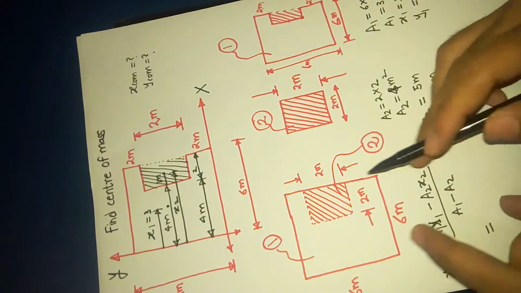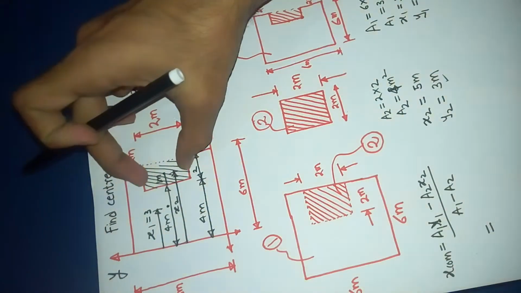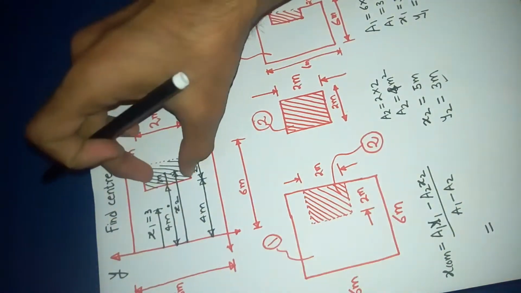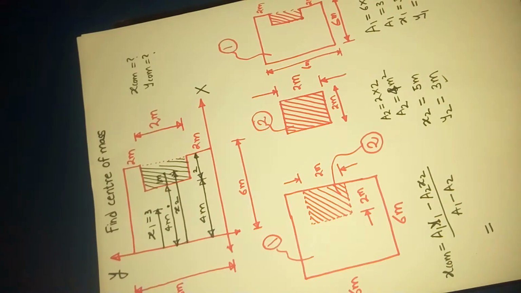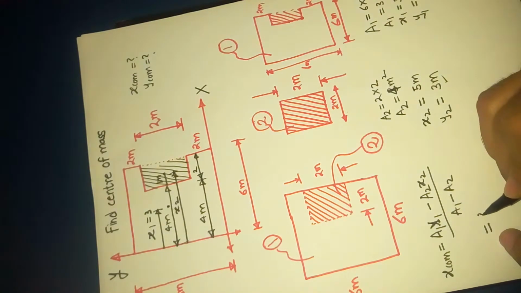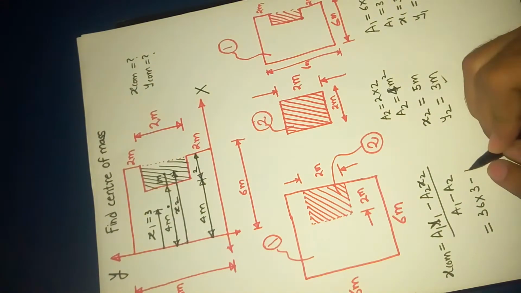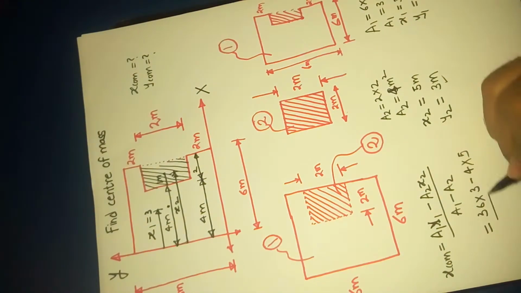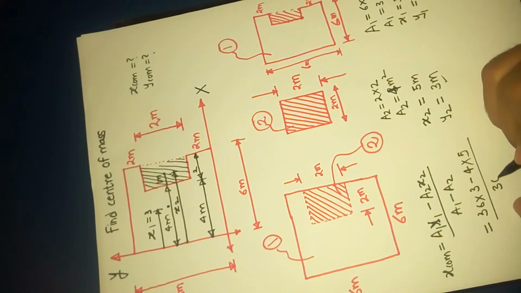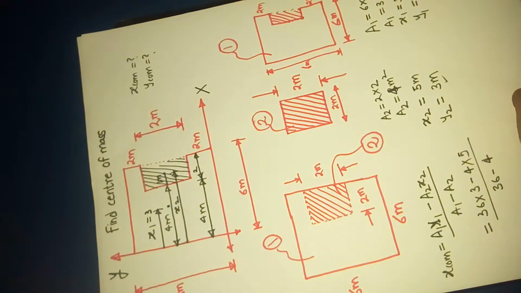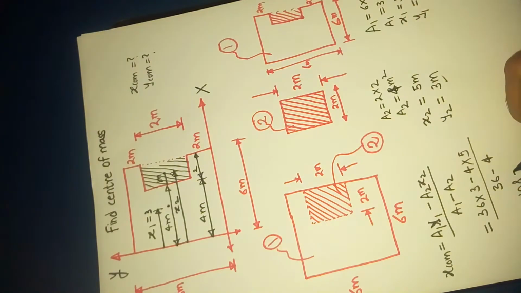Here minus is because from this whole object we are taking out this much of object, we are subtracting it, that's why we are putting the minus sign. So A1 is 36, x1 is 3, A2 is 4, x2 is 5, and A1 minus A2 is 36 minus 4. So 36 into 3 is 108, minus 20, upon 36 minus 4 is 32, and it is 2.75 meters.